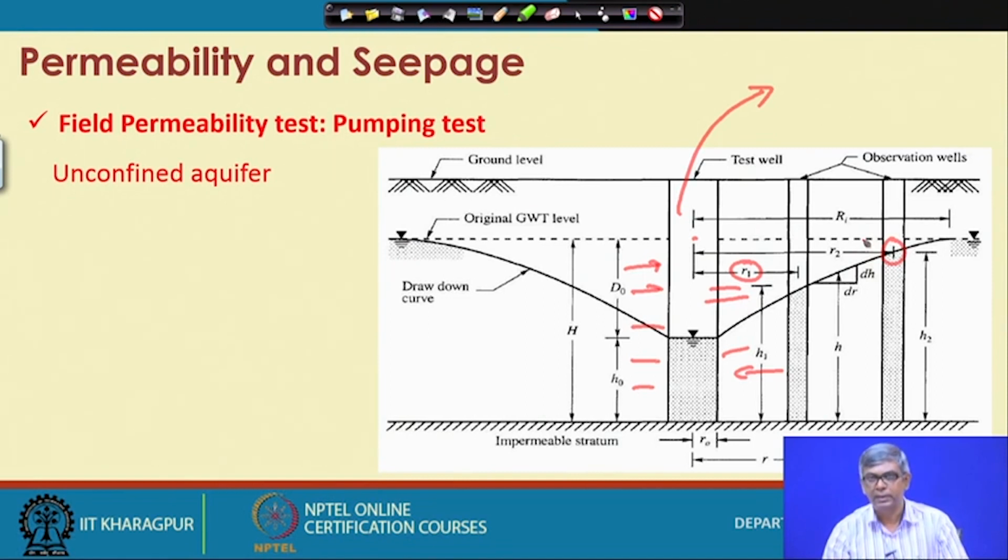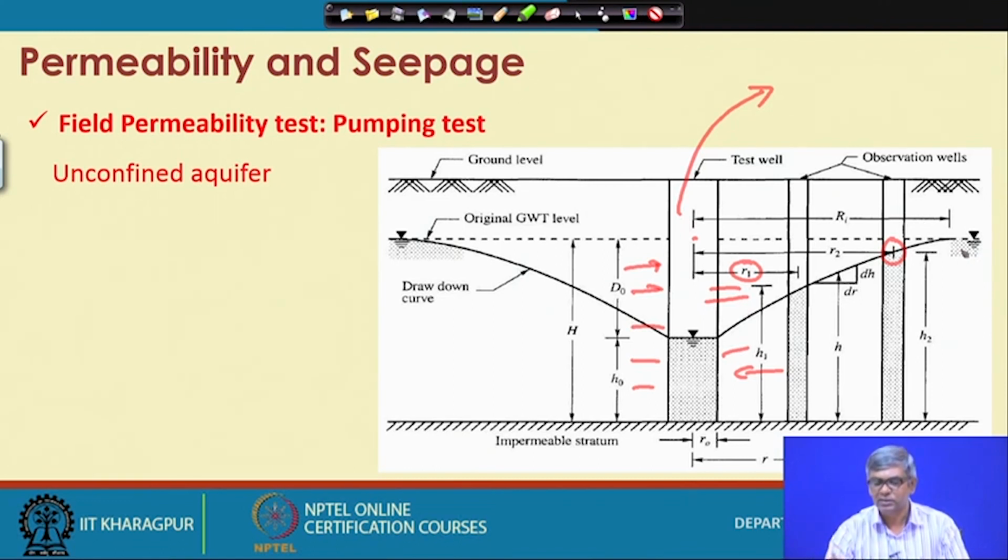When the water is pumped out, the water level will not come down uniformly everywhere, because there will be drawdown. The maximum drawdown is in the well itself, and as you go away from the well the drawdown is comparatively less, and at some distance you will not see any drawdown.